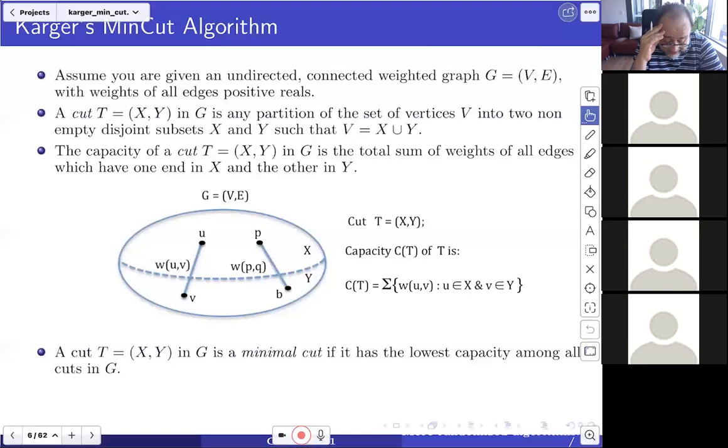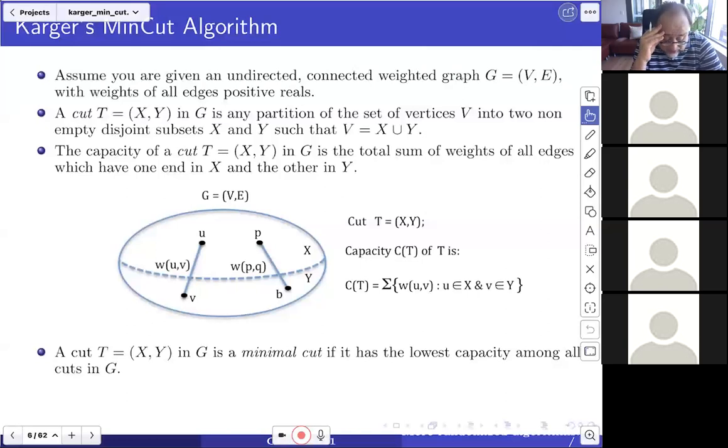Well, assume that the weight of an edge (u, v) is the degree of similarity of the vertices u and v. So we assume that the vertices are some points in a population and that we have some notion of similarity. For example, the reciprocal of the Euclidean distance between these two vertices.